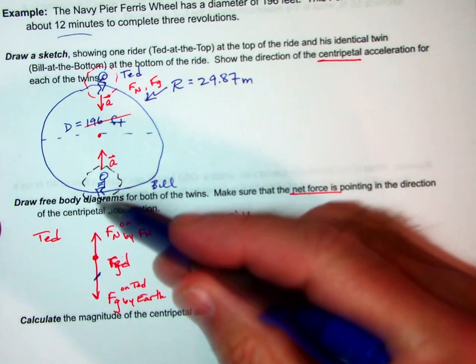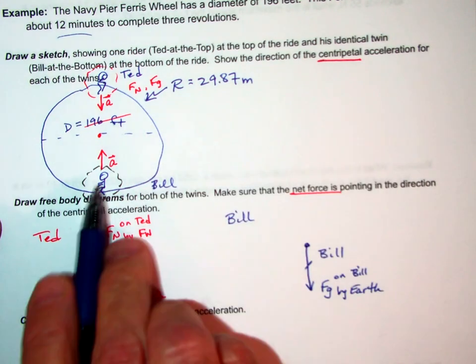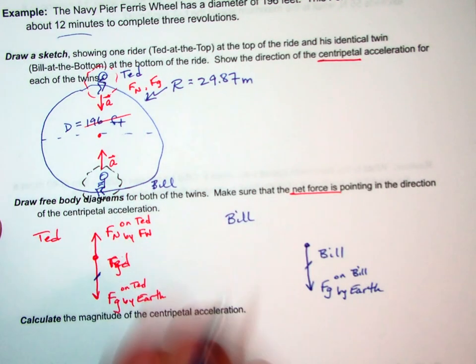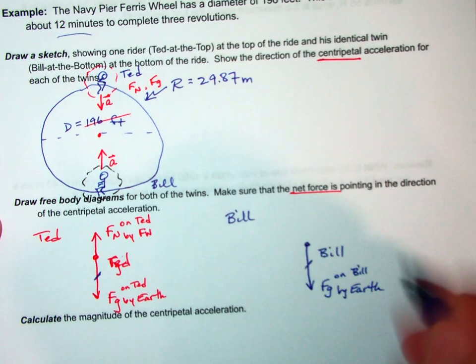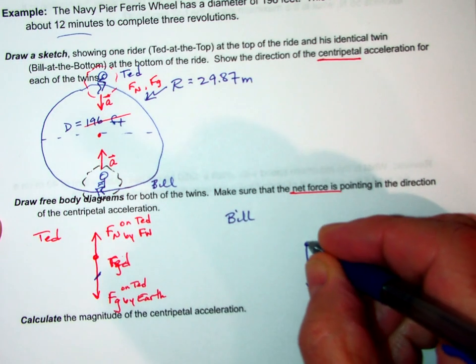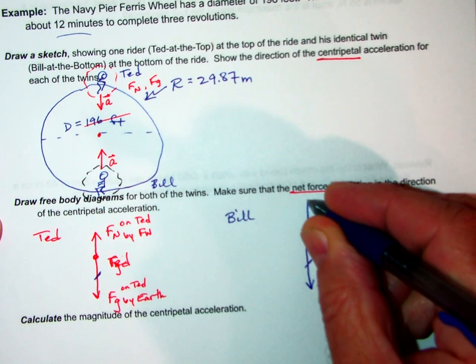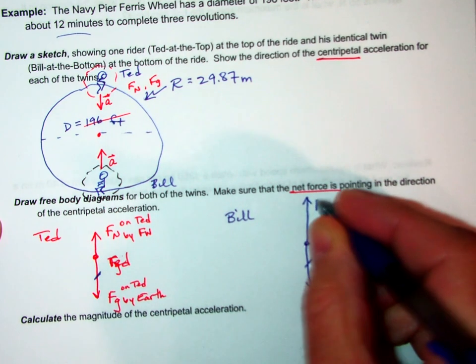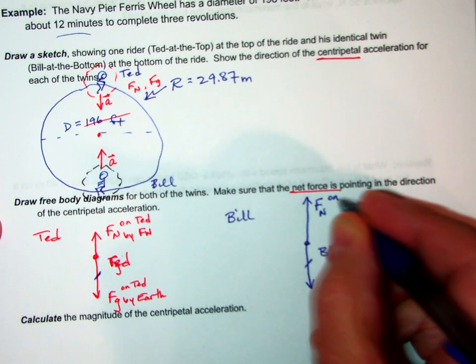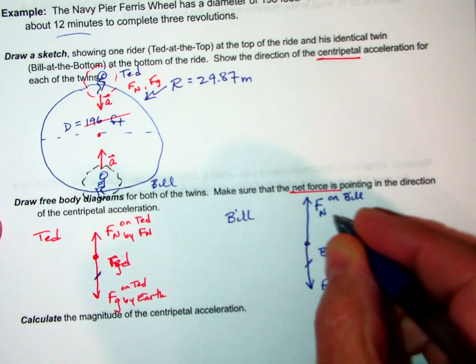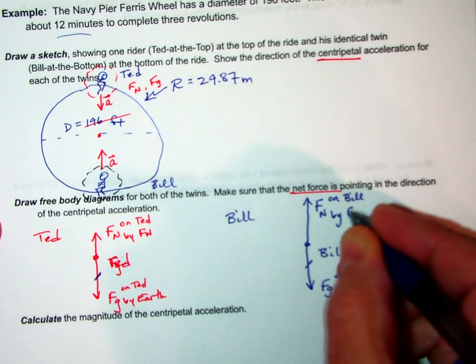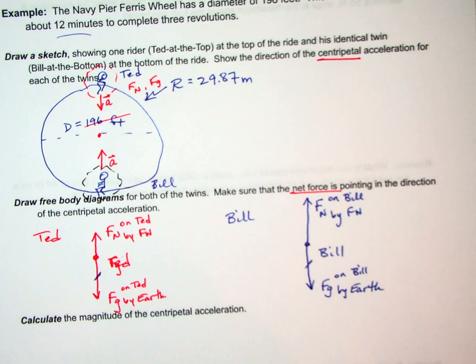But on Bill at the bottom, the acceleration is upward, so the net force must be upward. So the normal force on Bill by the Ferris wheel must be greater than the gravitational force.